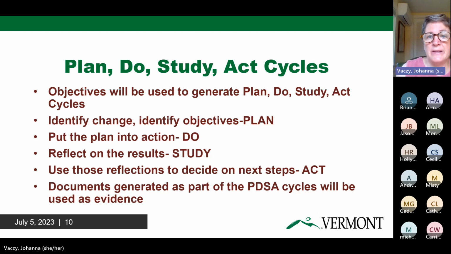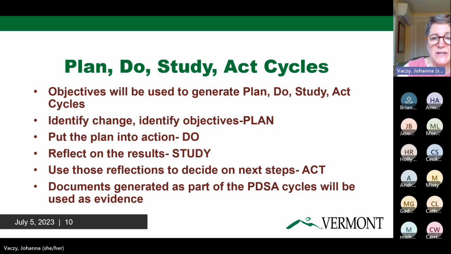You identify the needed changes and specific objectives to meet in order for those changes to happen. That's the plan phase. Also, as part of the plan phase, you will predict how the change activities will be successful and identify what tests you'll put in place to provide information about how the objectives will be met.